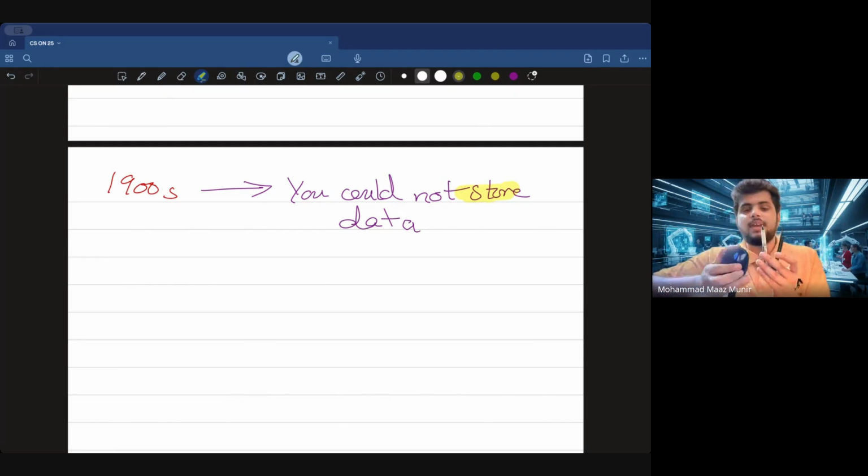So I used to make such cards. I used to make cards like: this is 2, this is plus, this is again 2. If I wanted to perform any calculation like 2+2, the computer had a slot. Like when we used to install games, we took CDs from outside, put them inside, inserted them, and then played the game. Computers back then worked like this: this is the computer, right?